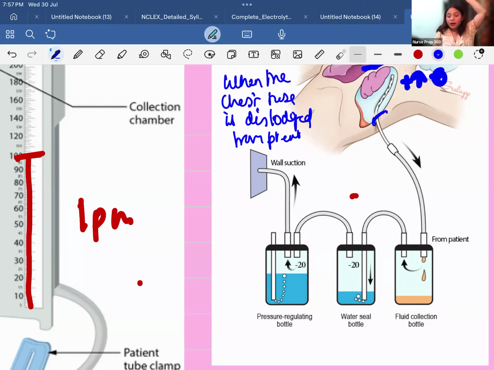Just imagine there's a chest tube over here, then I'm going to wear a glove. I was teaching some students about the same thing, gloved hand. They thought we put a glove over here and seal it like this. No, wear a glove, then put your gloved hand. Gloved hand means wearing a glove, then putting it on the seal.